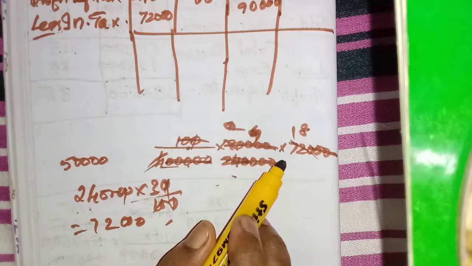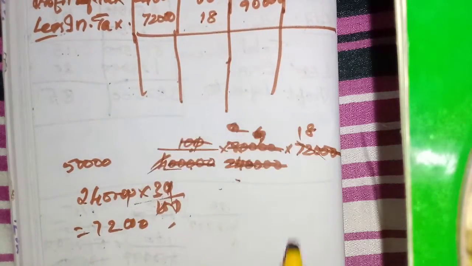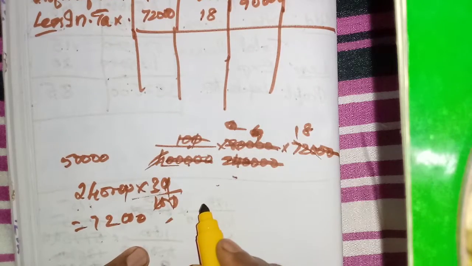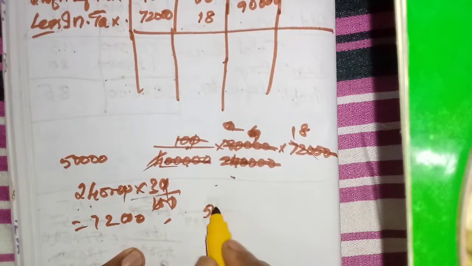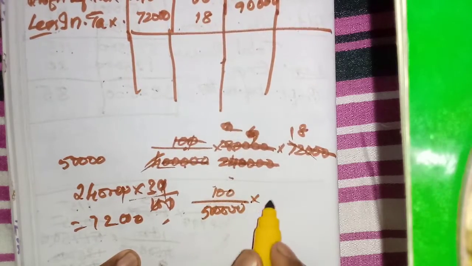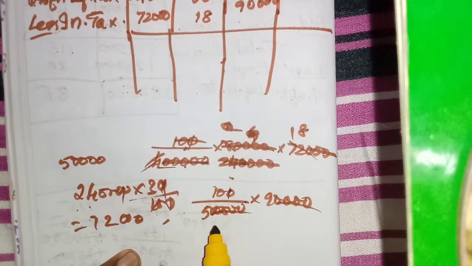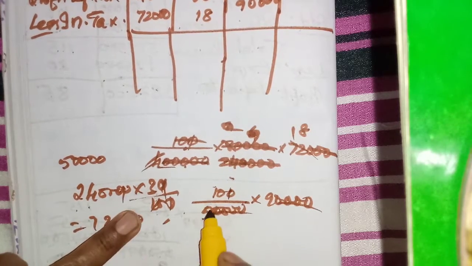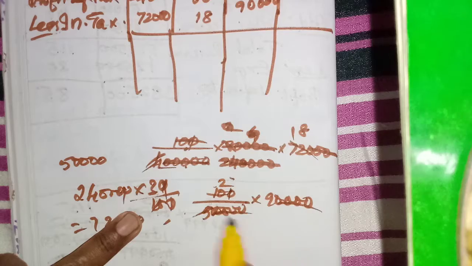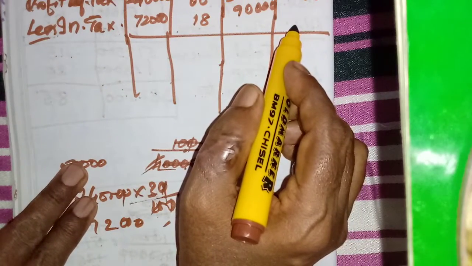Okay, so tax 18%. Then here 90,000. For 5 lakh 100, then for 90,000. 50 401. Then 5 10 2. 2 into 9 18. Okay.